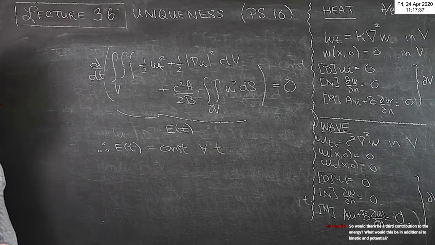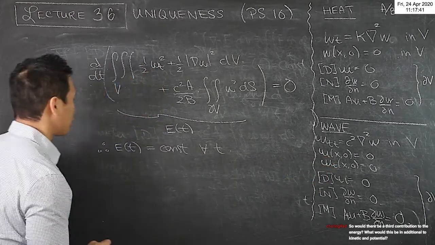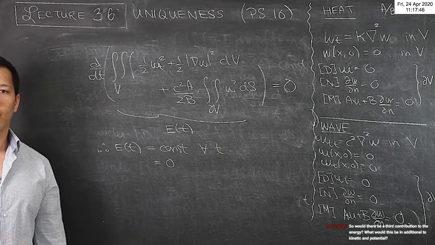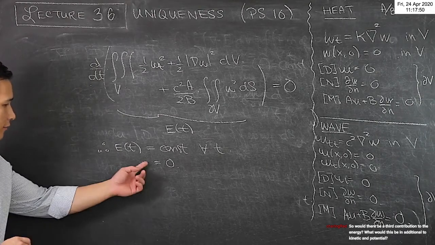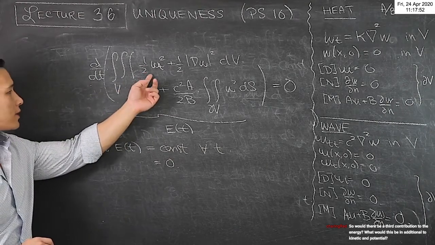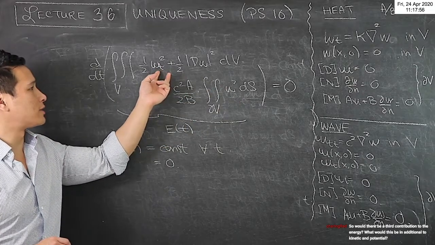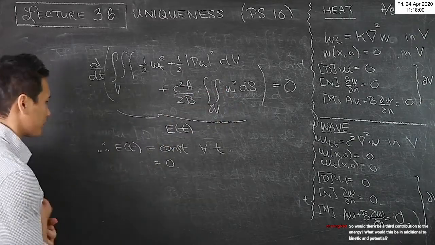What does this constant have to be? Well, you're free to impose the initial conditions, and you would conclude that this constant has to be 0. The constant has to be 0 for all time, and therefore, because these are all squares of integrands, you conclude that Wt, grad W, and W are equal to 0 for all time.